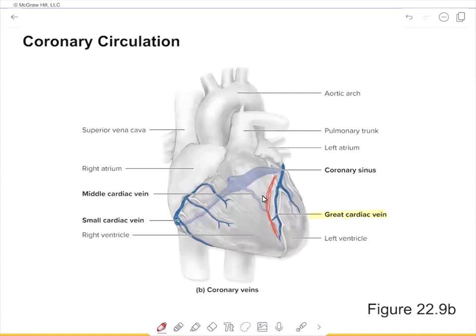In the back of the heart, we have the middle cardiac vein, which is going to run alongside another interventricular artery. And finally, we have the small cardiac vein, which is going to run alongside the right marginal artery, where the right ventricle is located.